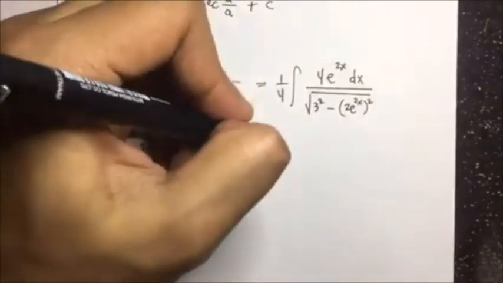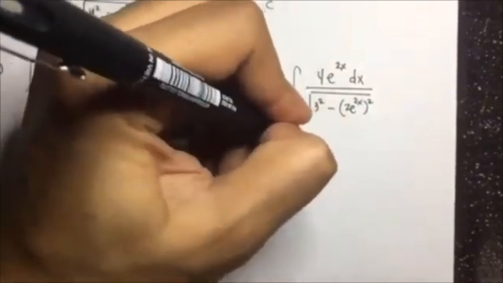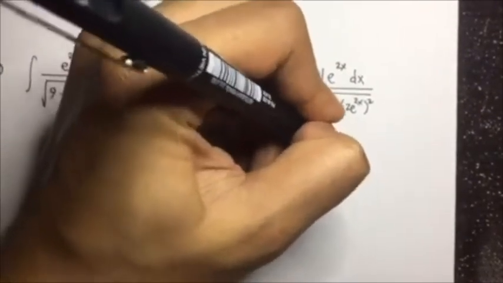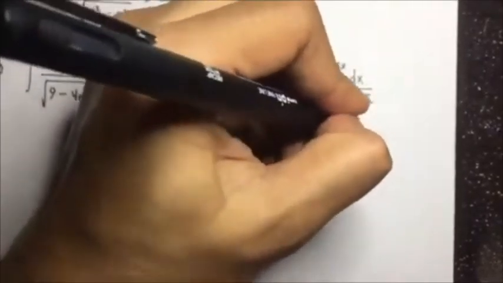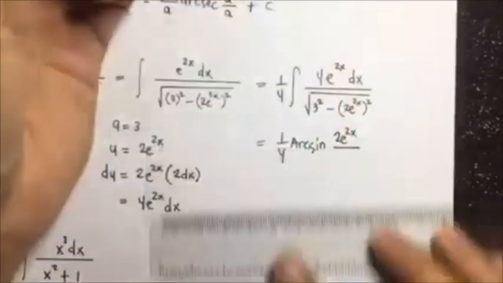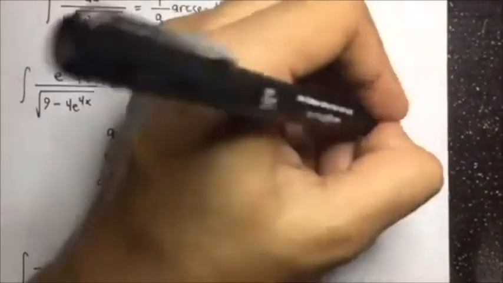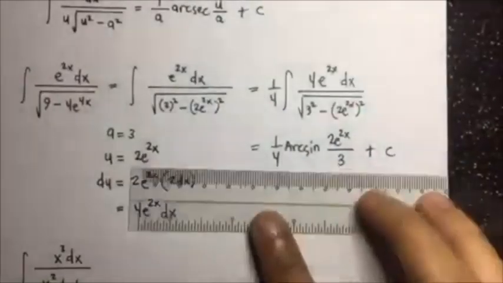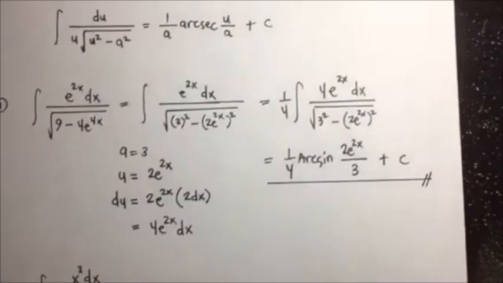So this will become 1/4 arc sine of u, which is 2e raised to 2x, over a, which is equal to 3, and then plus c. So that's how simple it is.